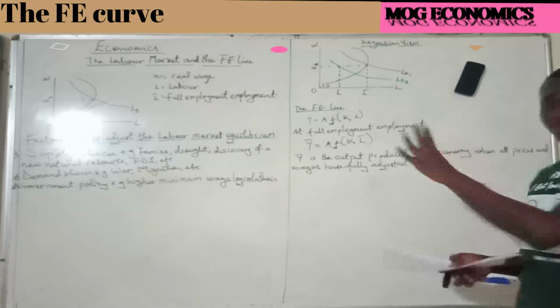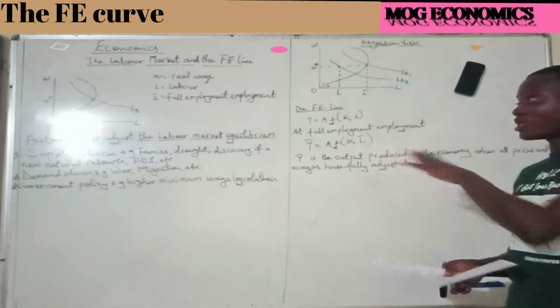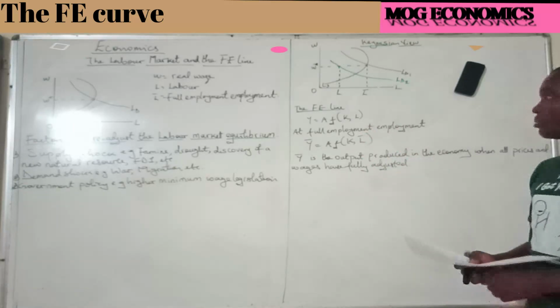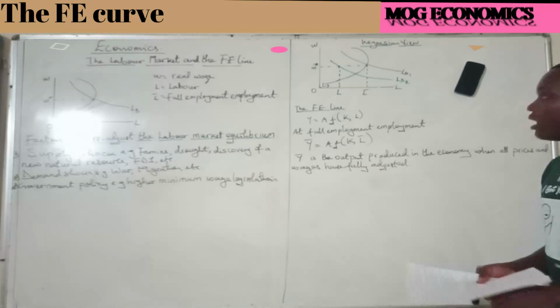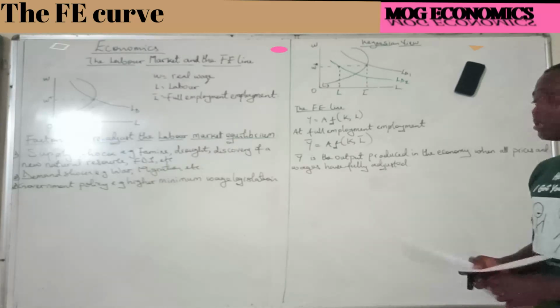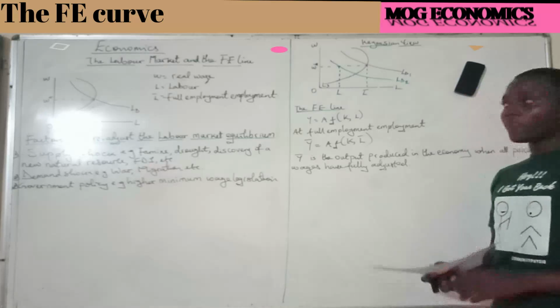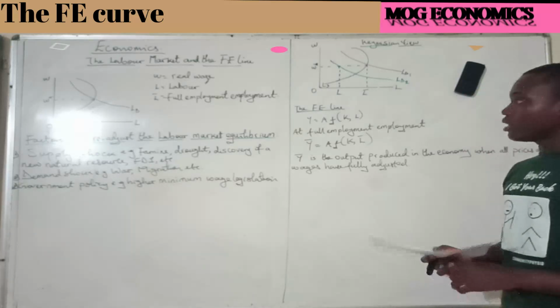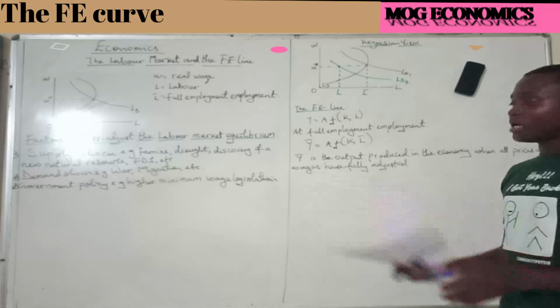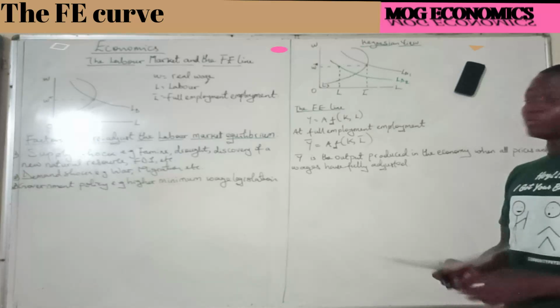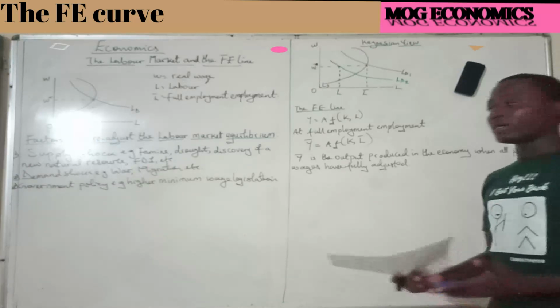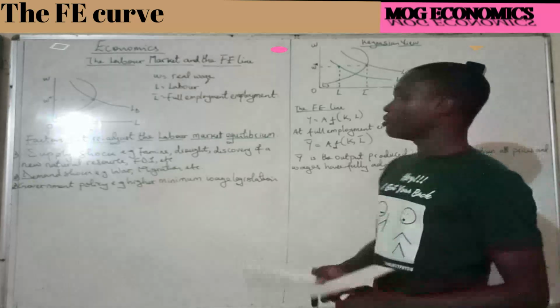There is a whole class devoted to explaining that, so it shouldn't be a problem. You can attend it if you want to. Then we have the labor demand curve, which is downward sloping. When the real wage increases, the demand for labor by organizations reduces. That shouldn't be a big deal.